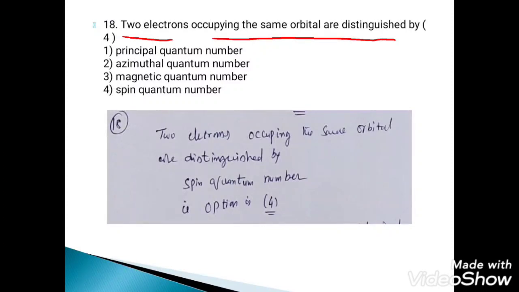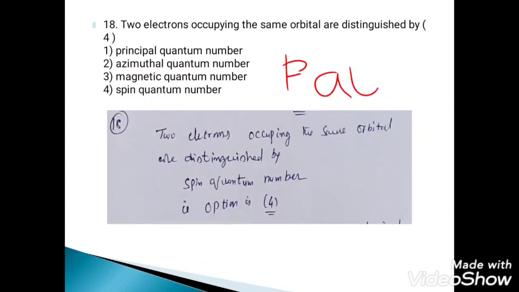If you know Pauli's exclusion principle, it is very easy to answer, because even if the principal quantum number, azimuthal quantum number and magnetic quantum number are the same, at least the last one should not be equal as per Pauli's exclusion principle, that is the spin quantum number. So evidently it is the spin quantum number and the option is 4.